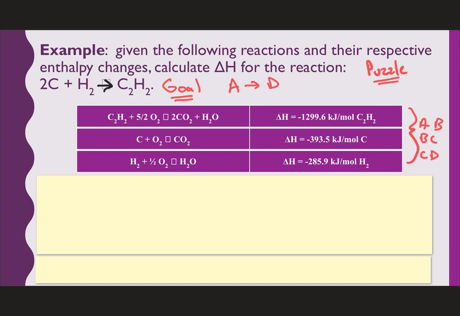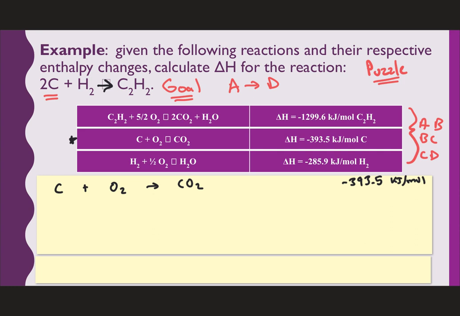So if I'm doing this, the first thing I want to do is find the reaction that has carbon. Well, that's this one. But I need two of them. So right away, I'm going to write this reaction out. I have carbon plus oxygen yields CO2. And that value is going to be negative 393.5 kilojoules per mole.